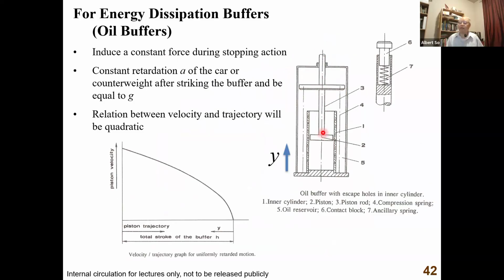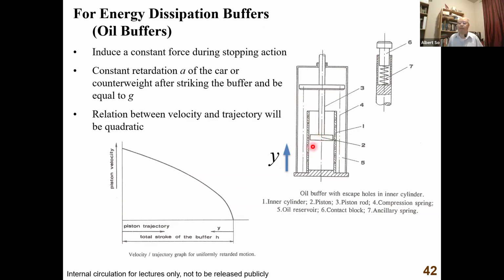So when the car hits the piston, this piston will press on the oil inside, and this oil will be squeezed outside. You have a lot of small holes on the inner cylinder, so the oil will be squeezed out of the inner cylinder into the outer cylinder. Because the oil is being squeezed out, a force will be built up to resist the further movement of the piston.